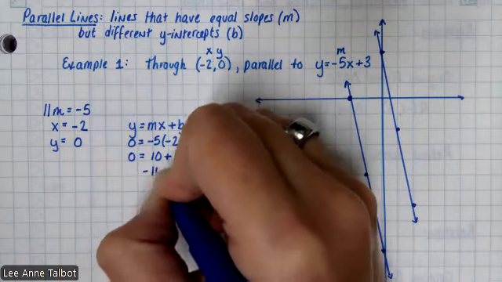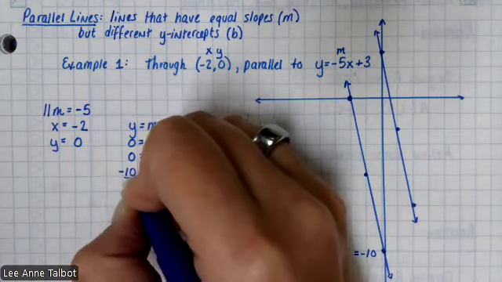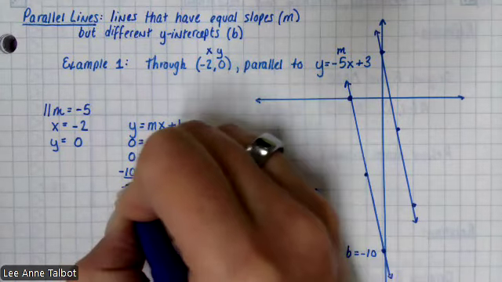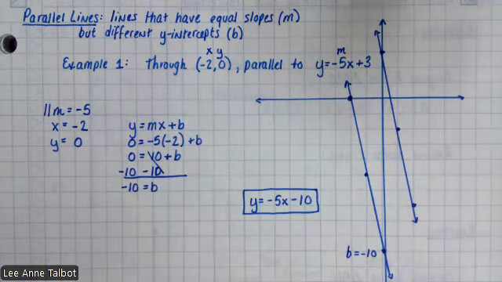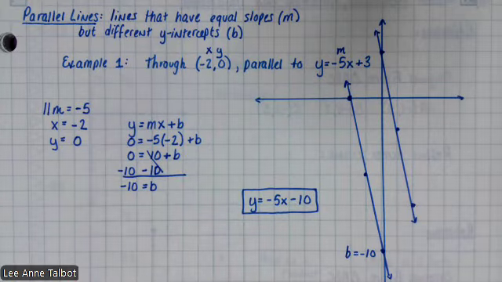Minus 10, minus 10. -10 equals b. Do you see how my graph matches my algebra? And it's satisfying.